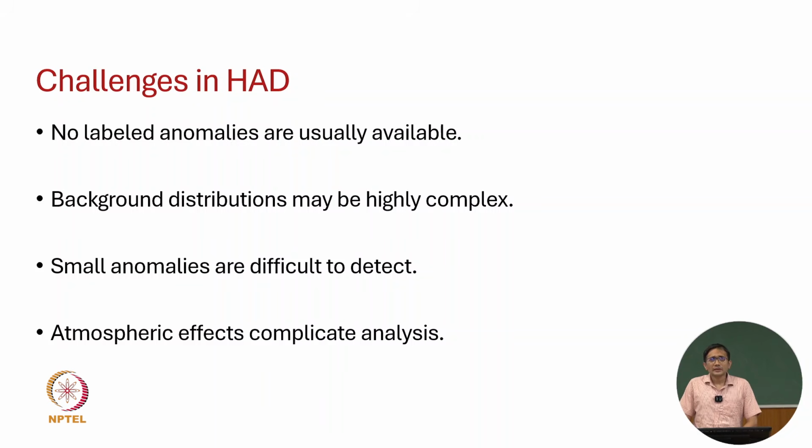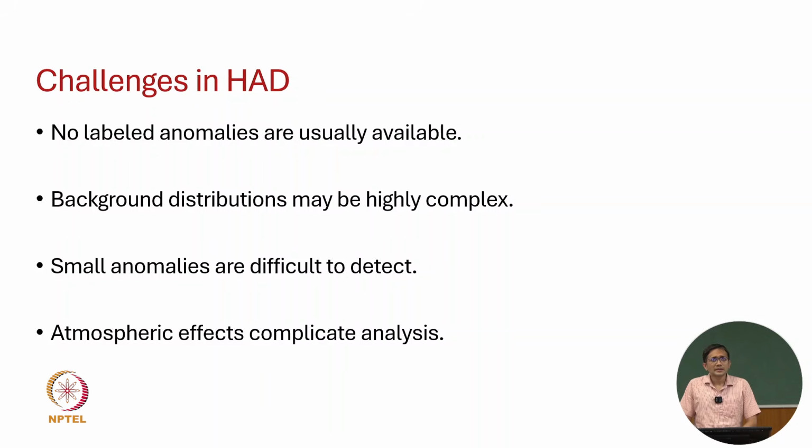So, as we mentioned before, we have to depend on spectral rarity. Our approach would be to somehow model the background distribution and then understand which pixels seem to be farther away from the background distribution.